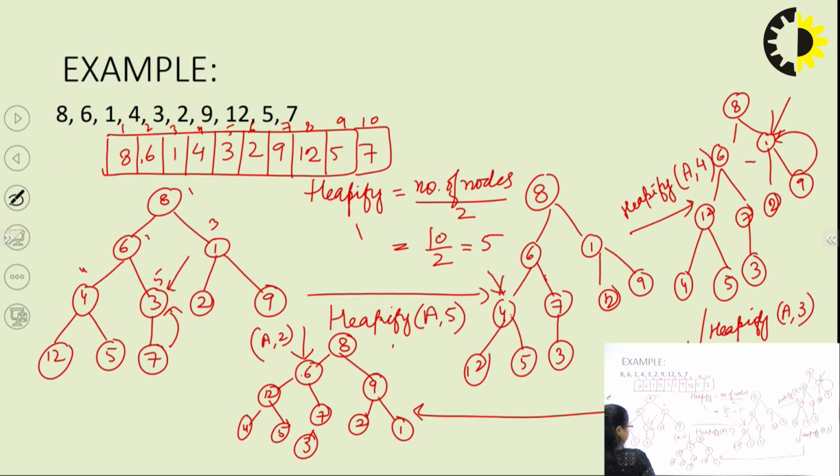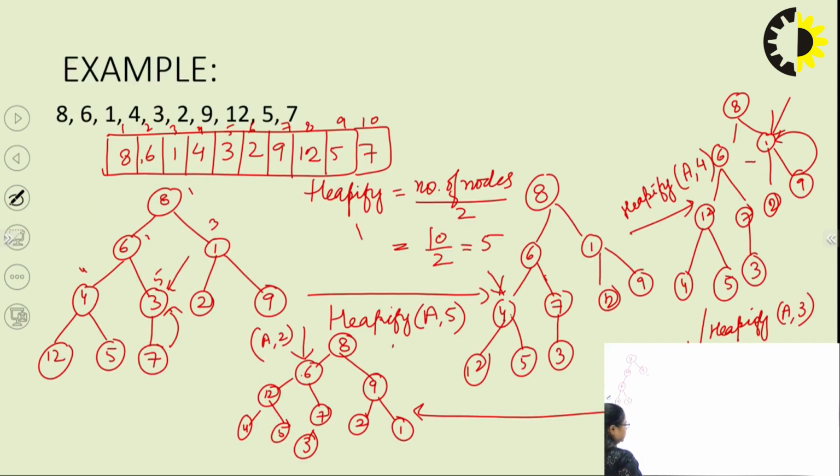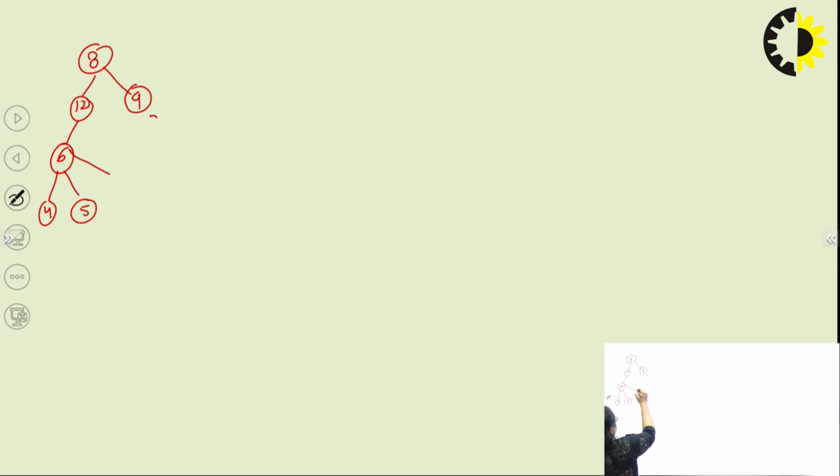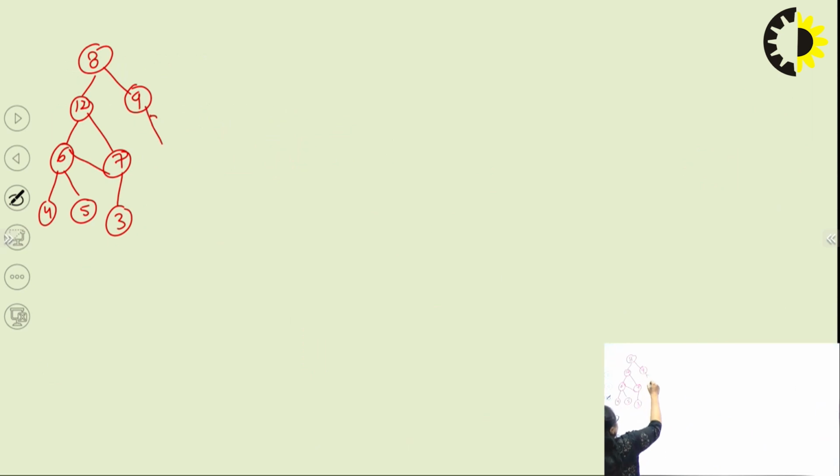Now the tree becomes 8, 12, 9, 6, 4, 5, 7, 3, 2 and 1. Fine.